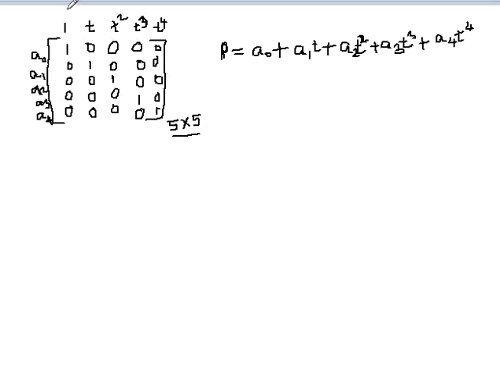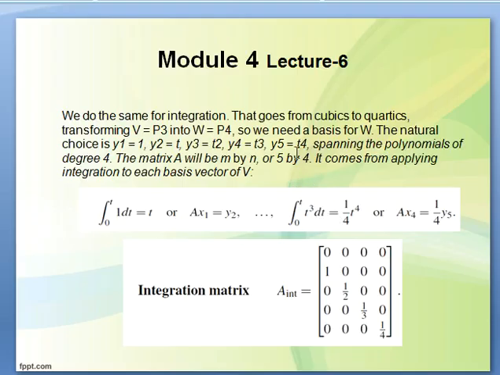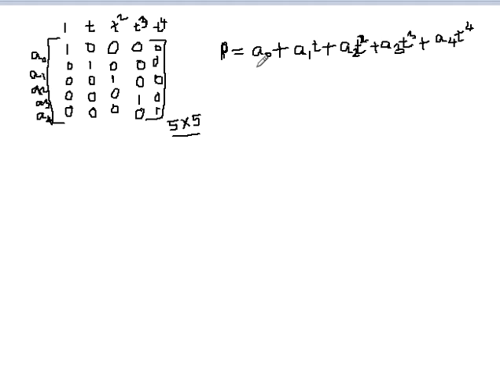Each of them was given as P1, P2, P3, P4 in the last understandings, while deriving the matrix for differentiation. Now here similarly, in place of P1 we can use y1. y1 is 1, meaning we are assigning the values to this equation. The coefficient of A0, y1, is 1.